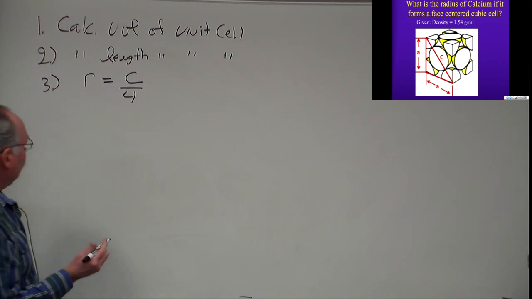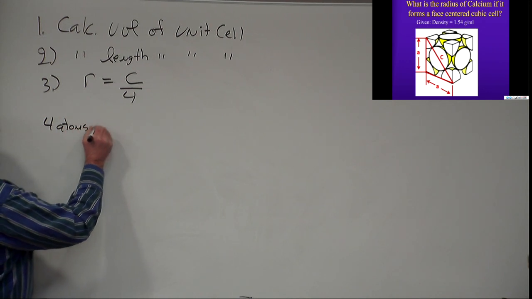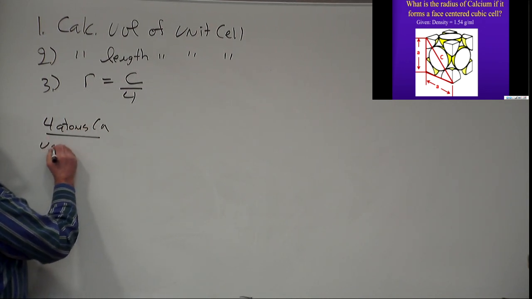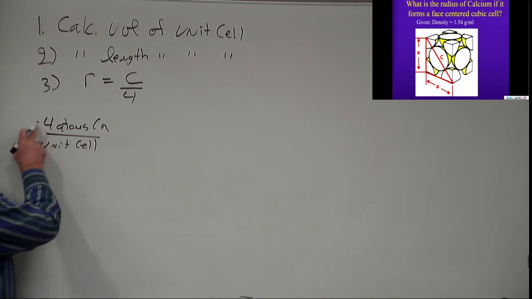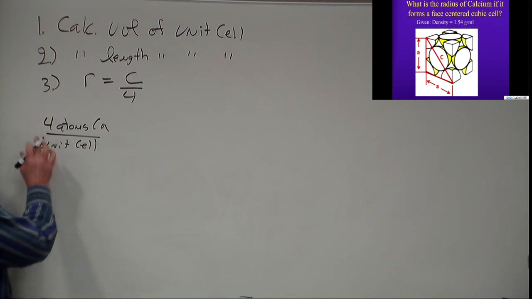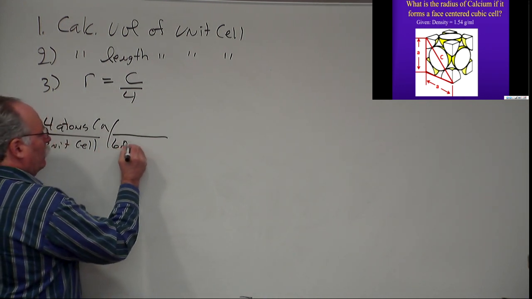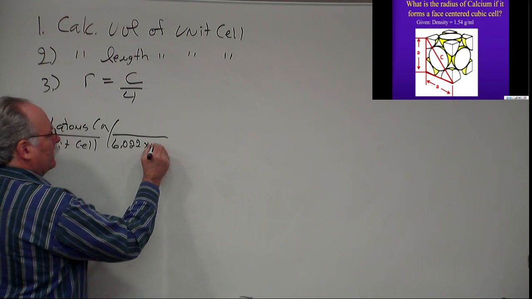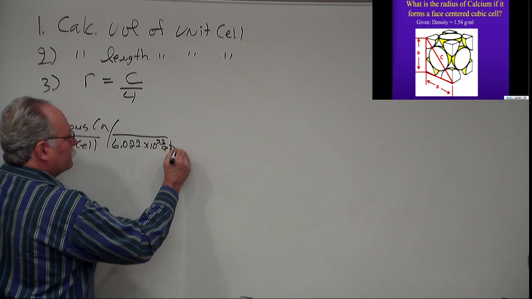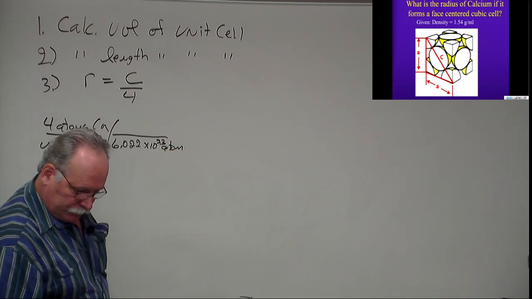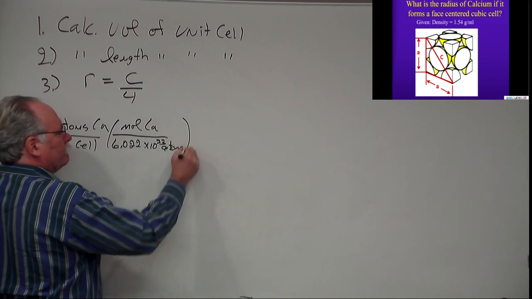For a face-centered cubic cell, there are 4 atoms of calcium per unit cell. If it was a simple cubic cell, there would be 1 atom, and if it was body-centered, there would be 2. Now, we know that there are 6.022 times 10 to the 23rd atoms per mole of calcium.